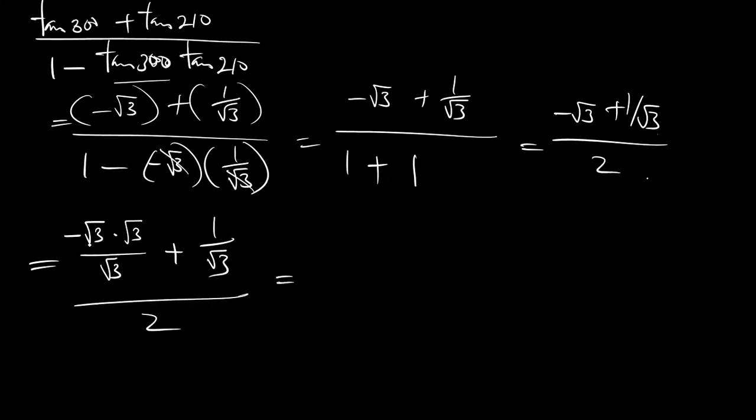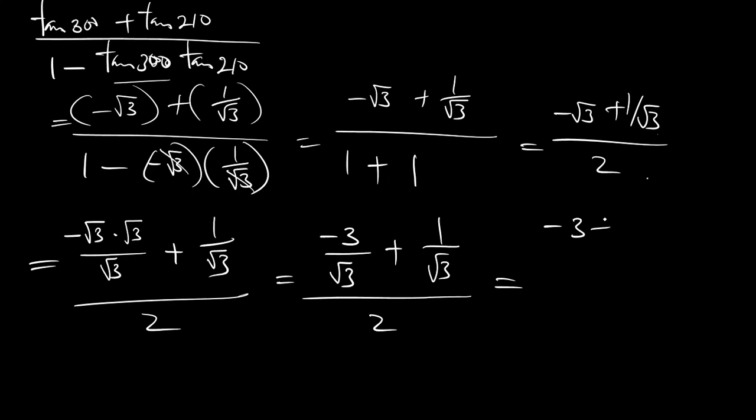So this root 3 times root 3 will give you minus 3 root 3 divided by root 3 plus 1 all over root 3, all divided by 2. Since the denominators are the same, we'll add the numerators. So we have minus 3 plus 1 divided by root 3 all divided by 2. So the top now is minus 2 all over root 3.